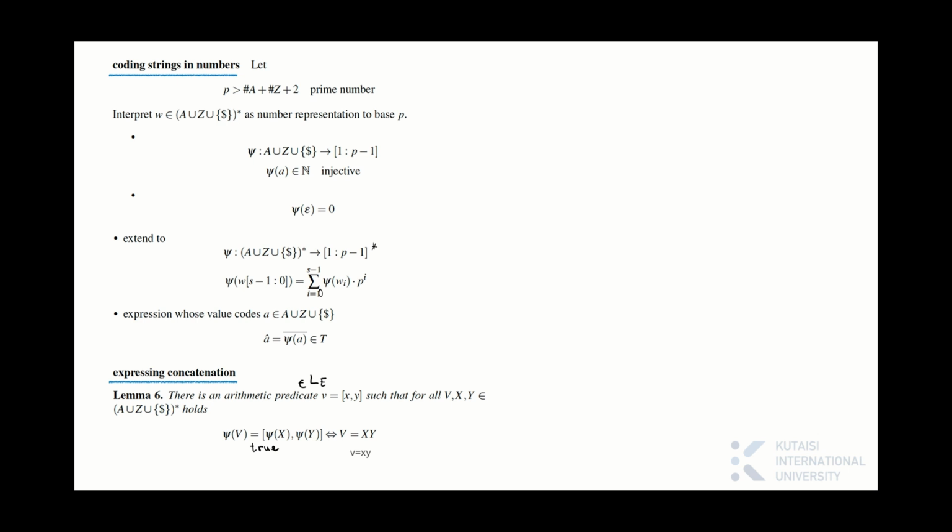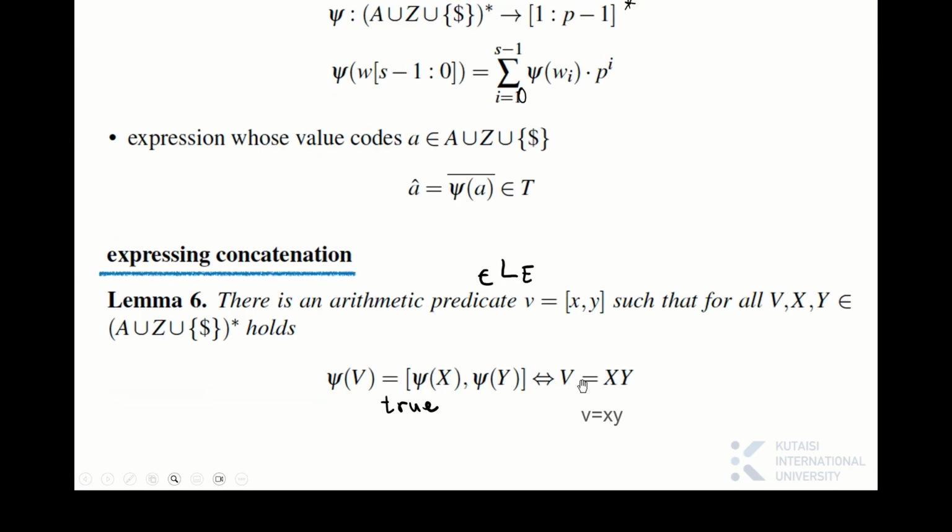What does this lemma say? That there exists an arithmetic predicate, a string in LE, particularly a predicate that has a true or false value, denoted by square brackets, v equals xy, such that for all strings v, x, and y, let's try to understand this, because this is basic. Now I have string v, string x, and string y.